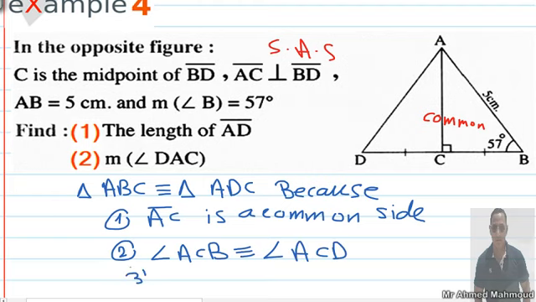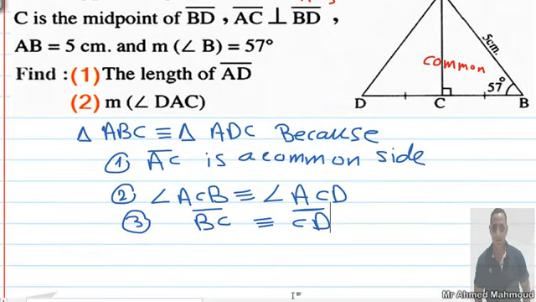Number 3, BC is congruent to CD. Okay, and the case here is RHS.